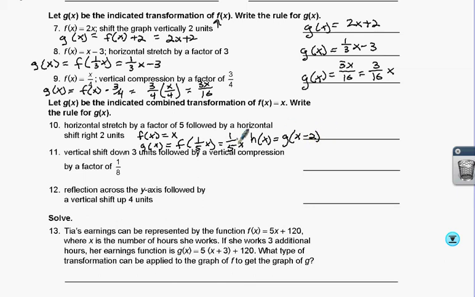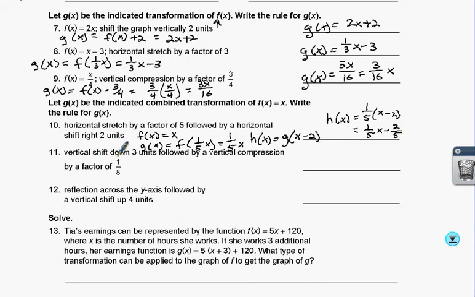So everywhere I see an x, I'm going to put x minus 2. So my h of x then here is going to be 1/5 x minus 2, which is equal to 1/5 x minus 2/5.